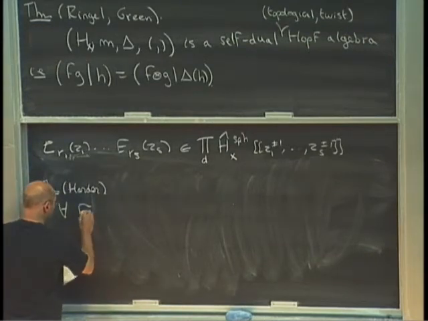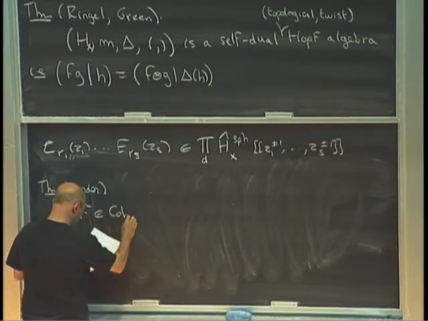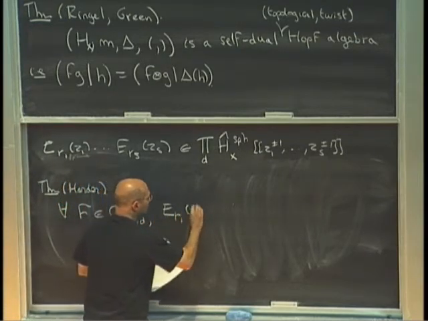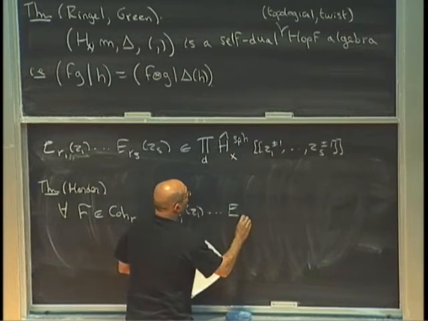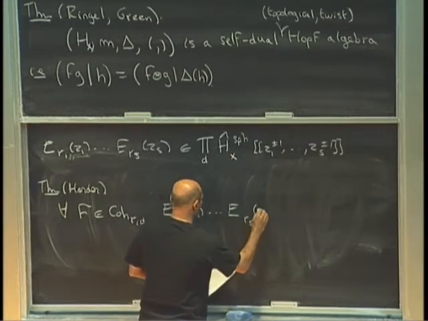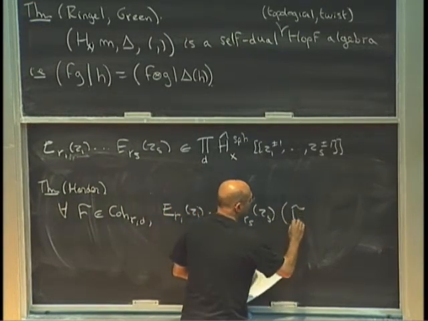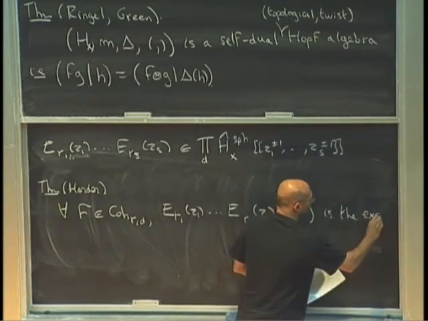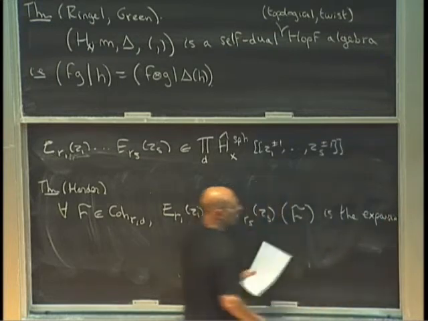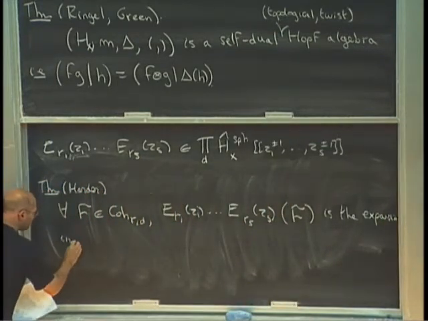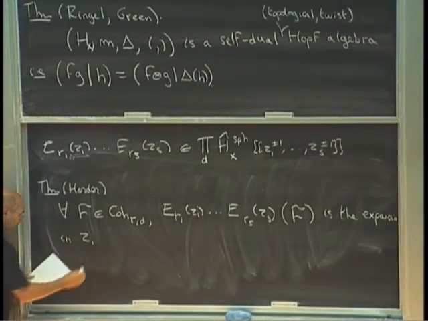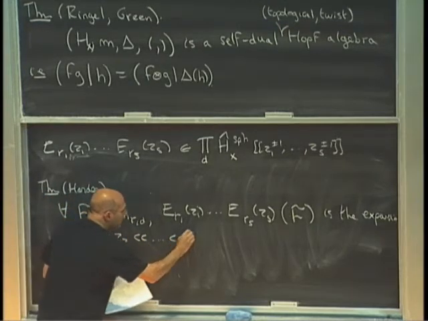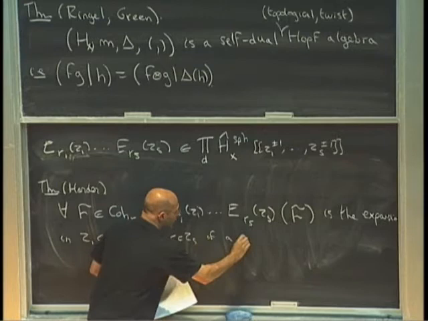So for any f in Coh_{R,d}, if you evaluate E_{R1}(Z1) ... E_{Rs}(Zs) at f, this is the expansion in the region |Z1| < |Z2| < ... < |Zs| of a rational function.